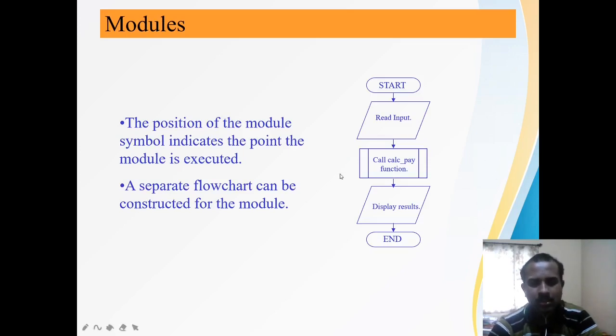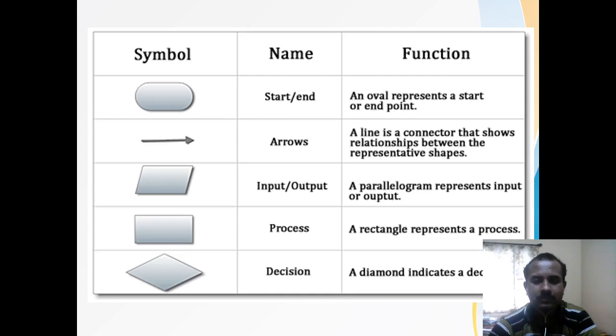For modules or procedure, or function, you are going to have this structure, where you are going to have the rectangle, and within that, extra lines will be present there. So this is used for the function, or you can use it for the procedure or the modules.